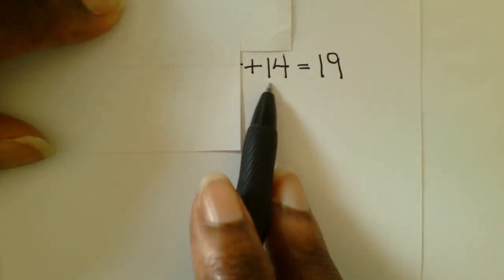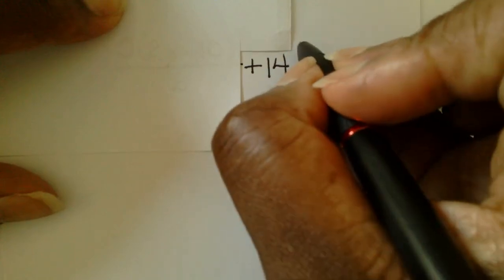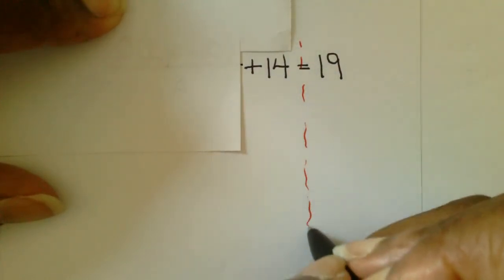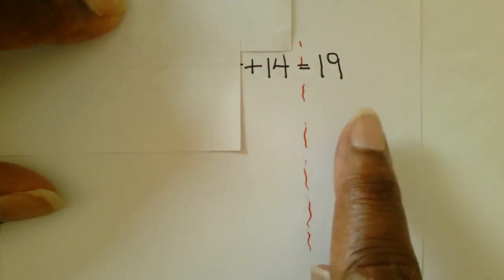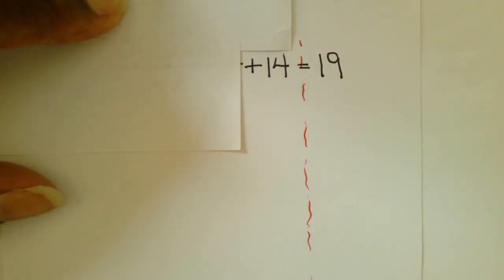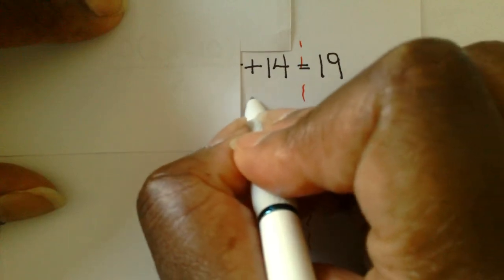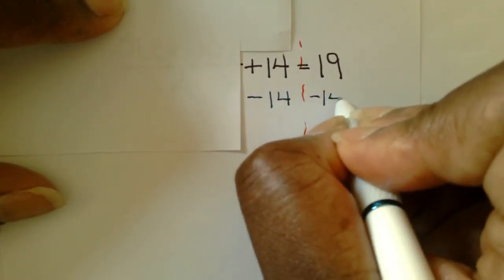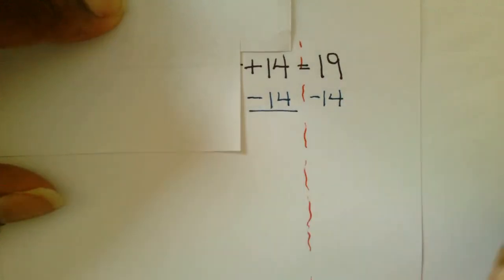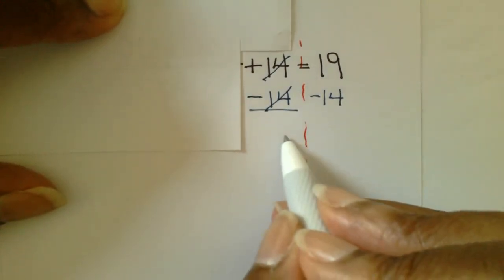We need for this 14 to come to the other side of the equal sign. And I know some people like to have a little wall or something, so you know what one side of the equal sign versus the other side looks like. So if we do our inverse, we're going to do the opposite of addition, which is subtraction. So we're going to subtract the 14 on both sides. So when we have plus 14 and minus 14, that gives me a 0.